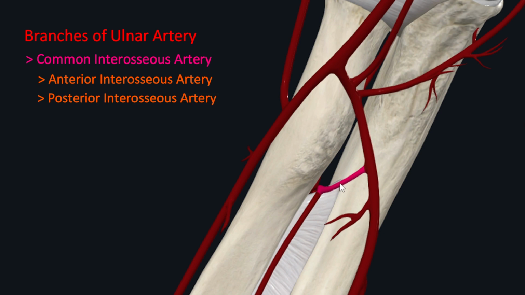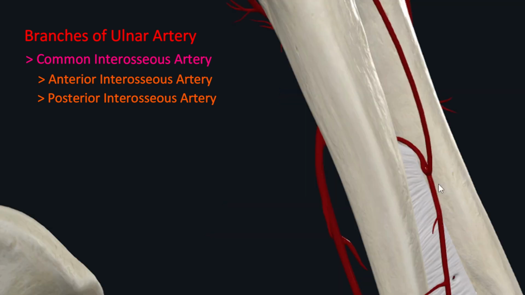As this is an anterior view of forearm, this artery is the anterior interosseous artery. And in order to show you the posterior interosseous artery, I will turn the model so that you can see the posterior view of forearm. So let me show you the posterior interosseous artery.